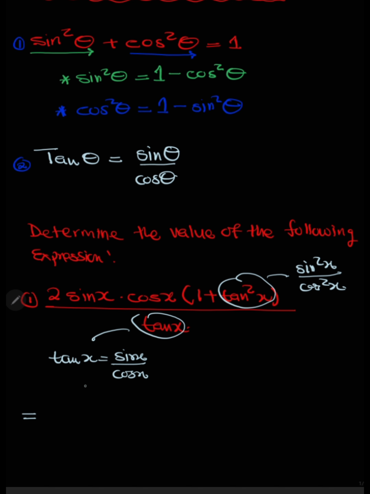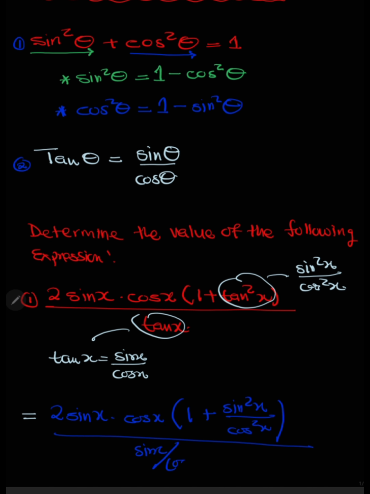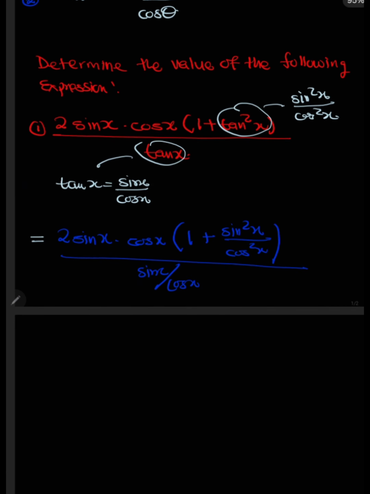Now let's rewrite everything. 2 sine x cos x, 1 plus sine squared x over cos squared x, and then everything divided by sine x over cos x, right?